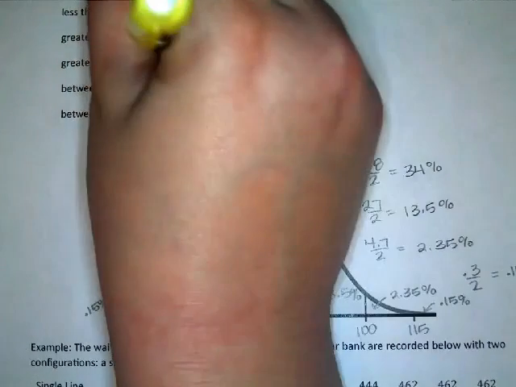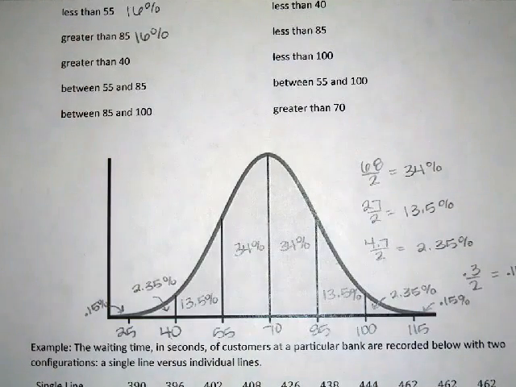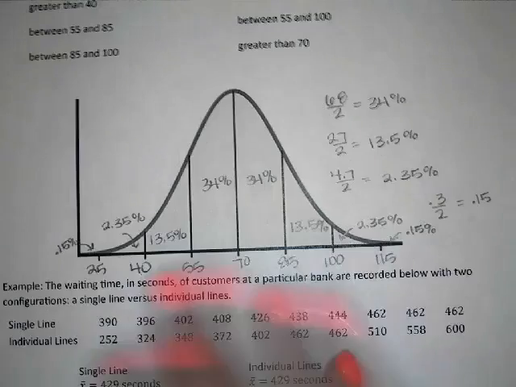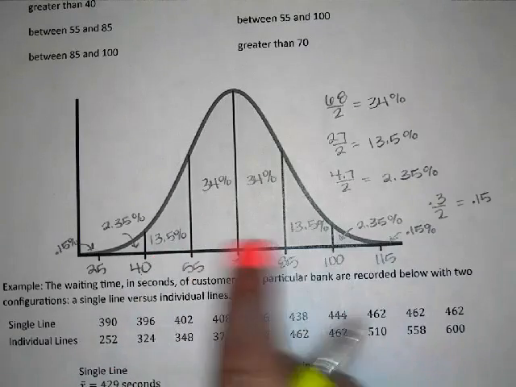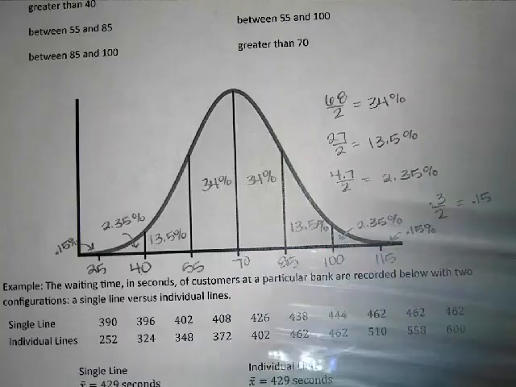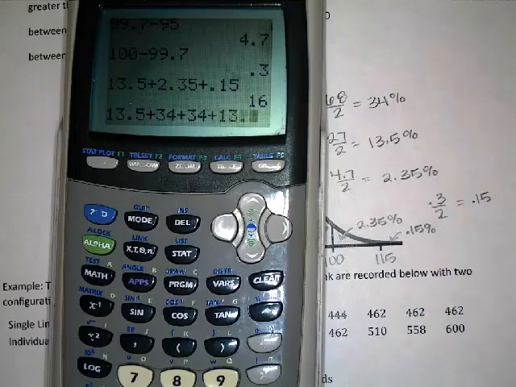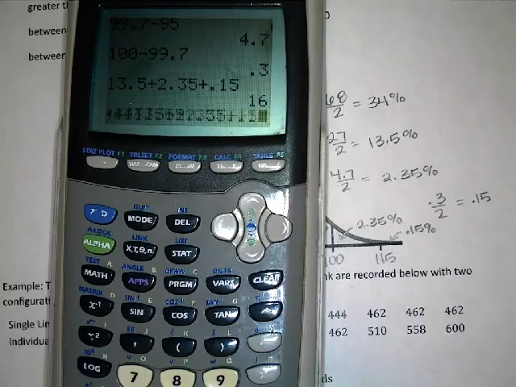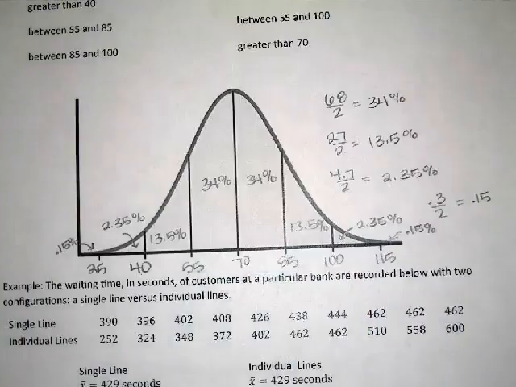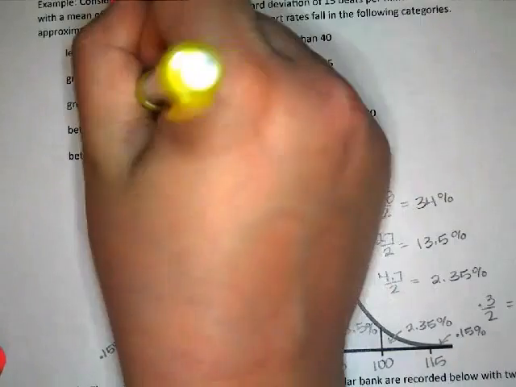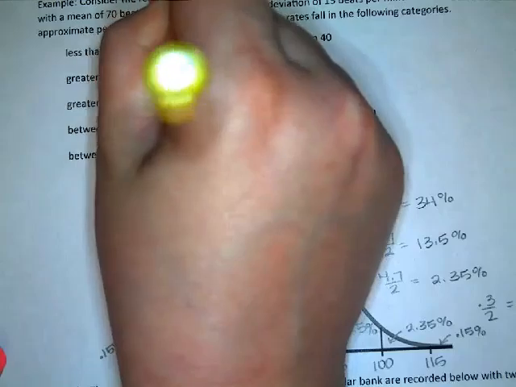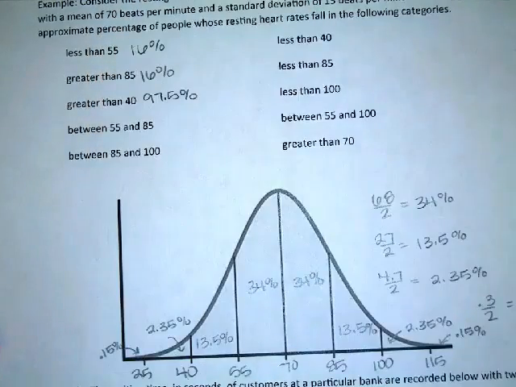Greater than 40. 13.5, 34, 34, 13.5. So I'm just going to add all those up. 97.5%. Between 55 and 85, 34, 34.